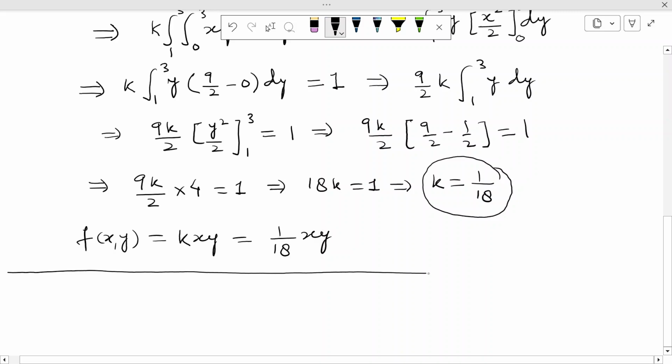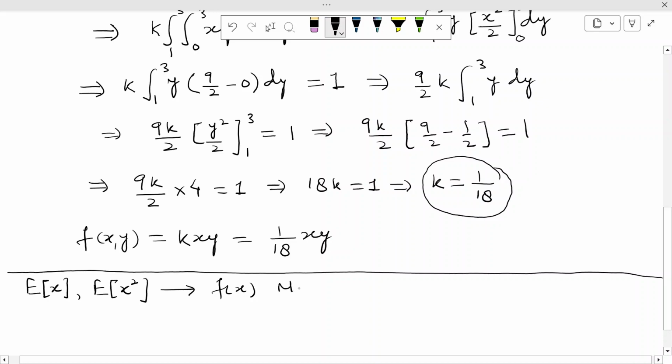So here, because we have to find out expectation of x and expectation of x square, we need fx, which is the marginal of x.